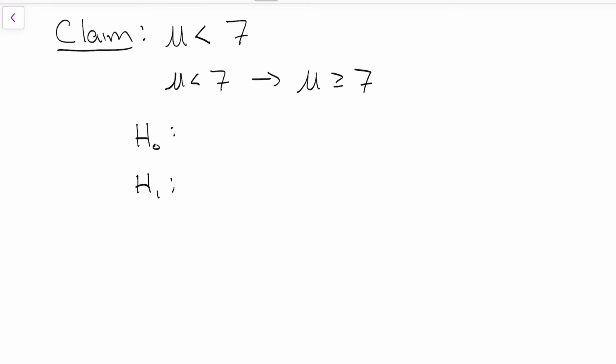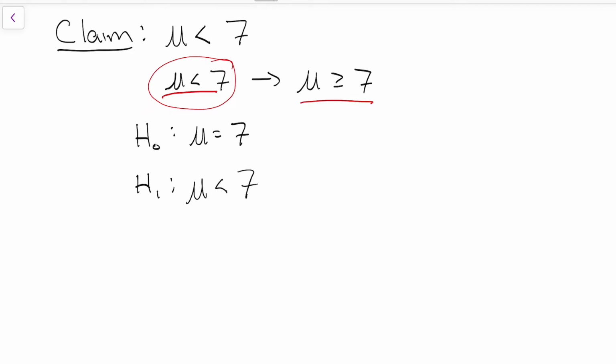Our null hypothesis, H sub 0, will always be the version of this with equality. So the null hypothesis will be the mean is equal to 7. And the alternative hypothesis will be the one that does not contain equality. So our alternative hypothesis is that the mean amount of sleep is less than 7 hours.